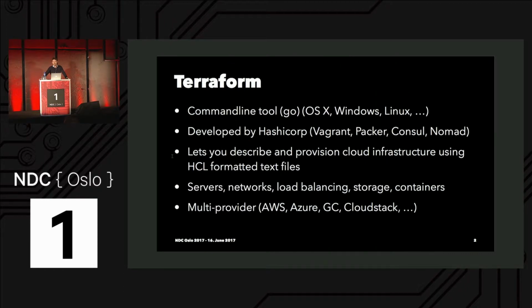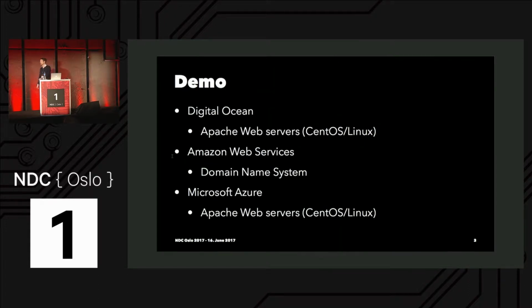And the cool thing about Terraform is you can actually combine and use different cloud providers in one big infrastructure. And we're going to do that today, because this is going to be a massive live demo, really. And I'll be launching a couple Linux virtual machines at DigitalOcean, which is a cloud provider, well, they're worldwide, but I'm going to launch them in Amsterdam.